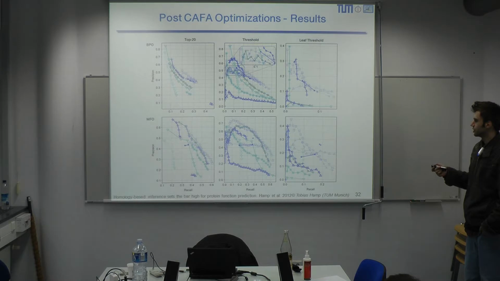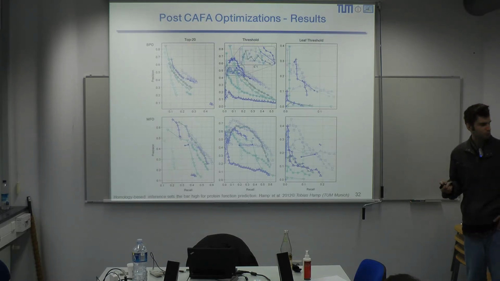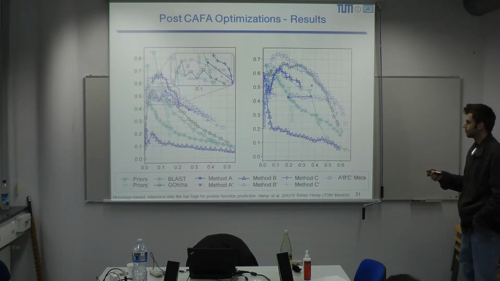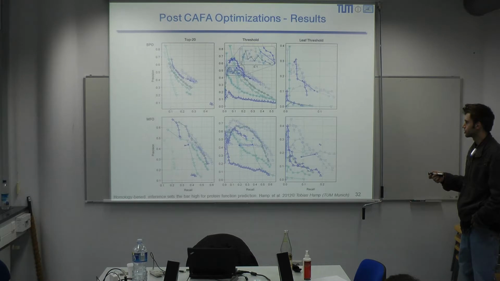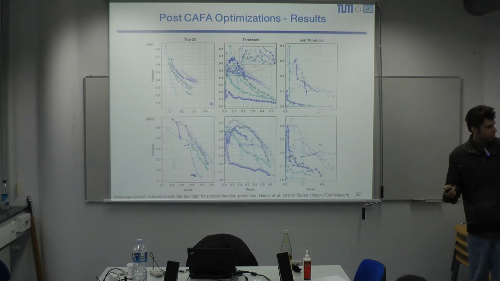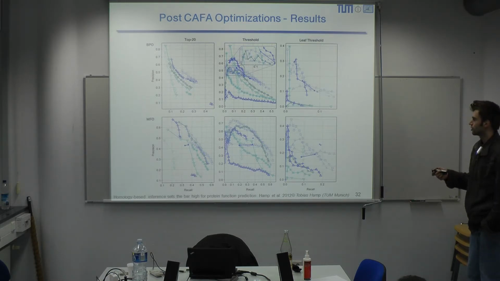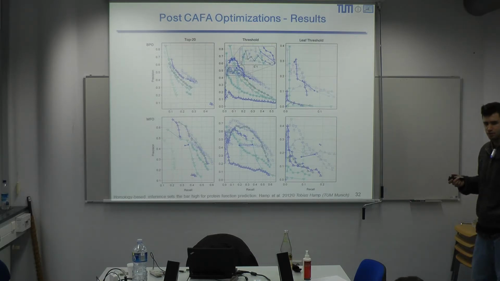So then we also considered one improvement over this way of rating functions by only looking at the leaf terms here, so by ignoring everything that is in between, and this basically measures how well we find these specific functions that the proteins have.